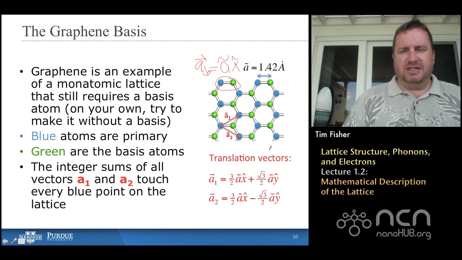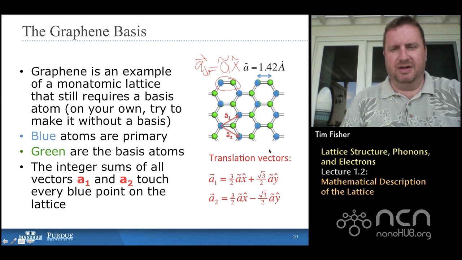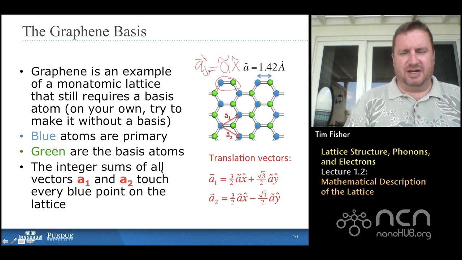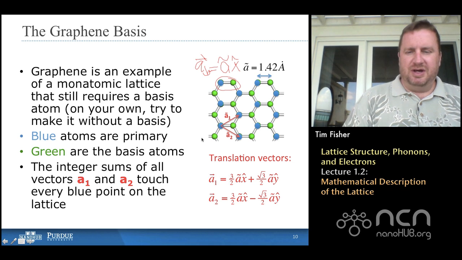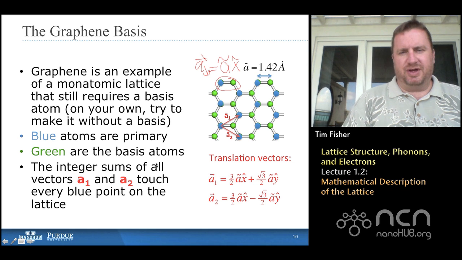So that's how we define the graphene lattice, and it's a little bit more complicated perhaps than you might have hoped, but it's not too bad, and we'll show that it's fairly easy to study mathematically once you put all of these things together.